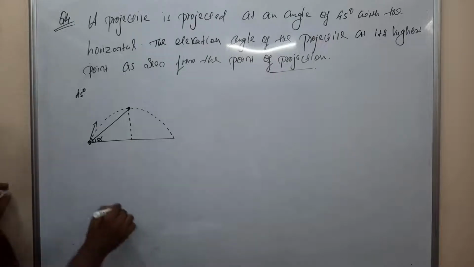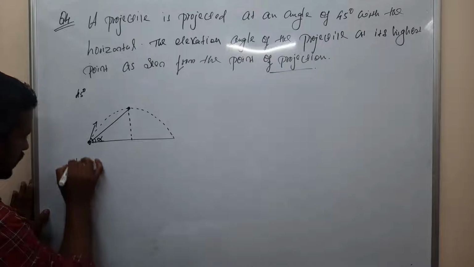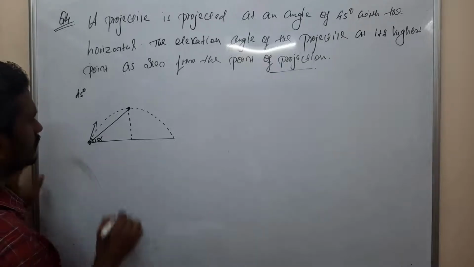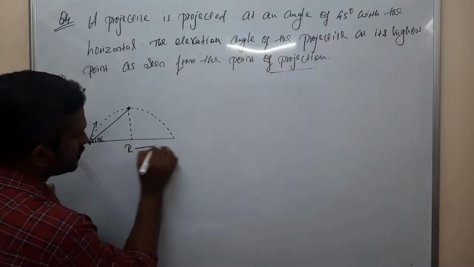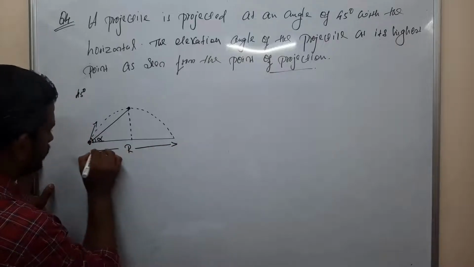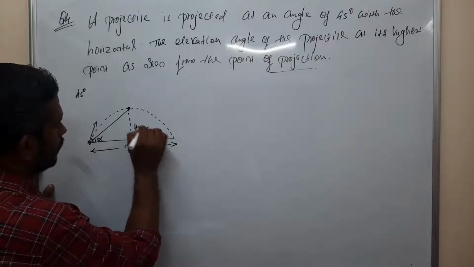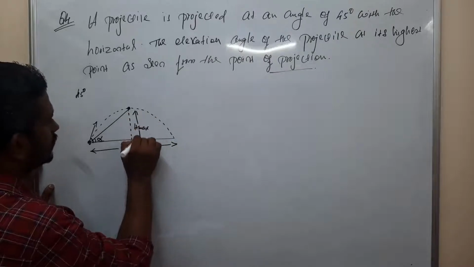So what is the range of the projectile? R is the horizontal range, and this is H max. Am I right?